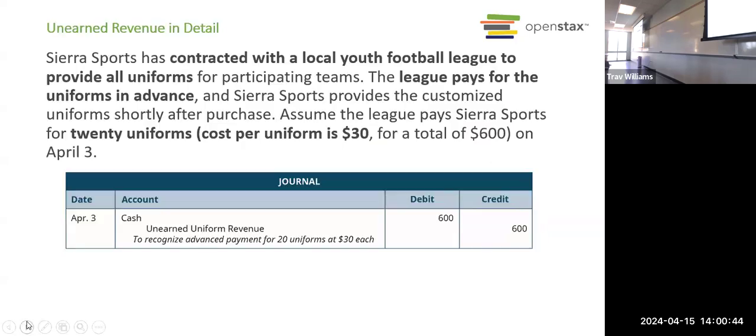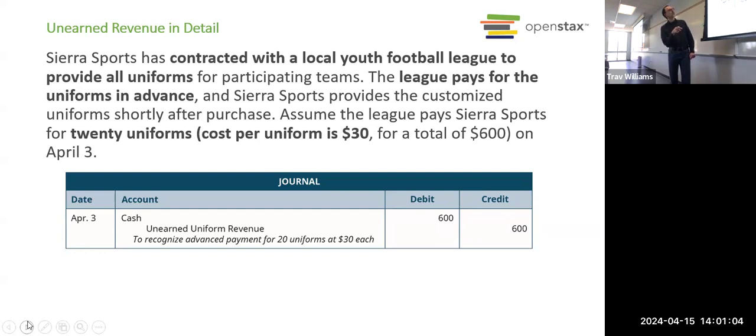Okay, let's start here. Sierra Sports is going to be providing uniforms for sports teams. The league pays in advance for the uniforms.